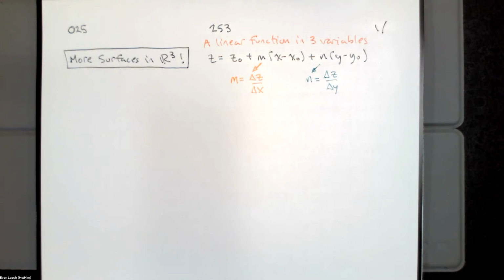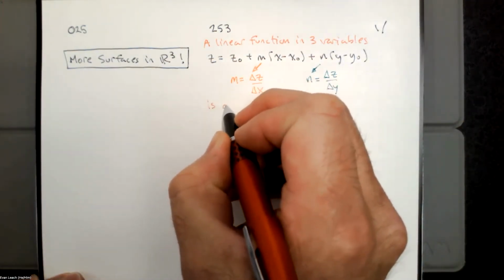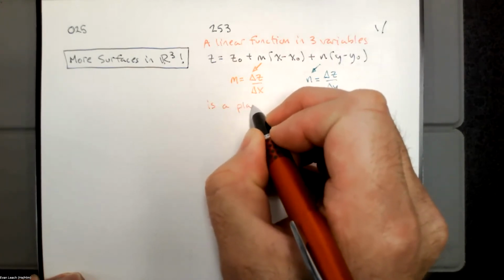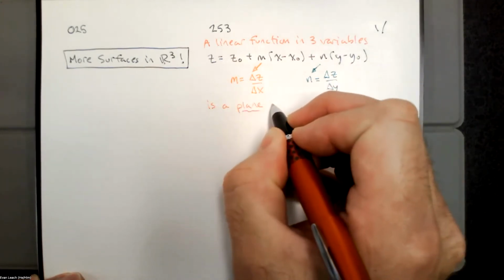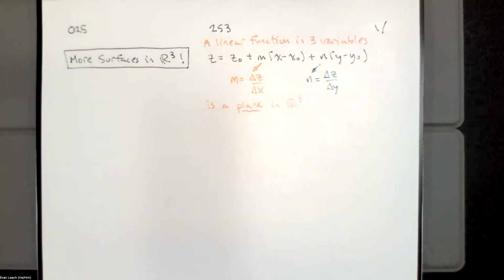So this linear function in 3 variables is going to give us a plane in R3. One of the points on the plane is x naught, y naught, and z naught.